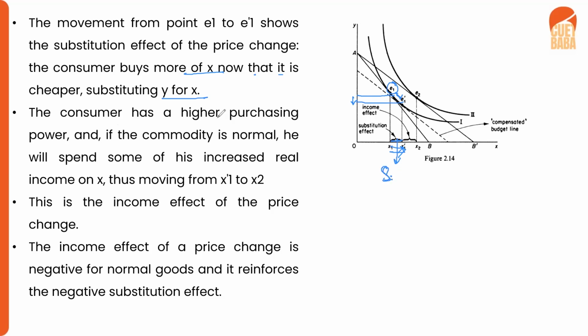And on the other hand, the consumer has a higher purchasing power. If the commodity is normal, then he'll be able to spend some of his increased real income on X, and thus move from X-1 to X2. So from this point onwards, as the purchasing power increases, he would shift to X2, and this area would be shown as the income effect. Okay, so here we can see that the point has shifted from this to this level, right?